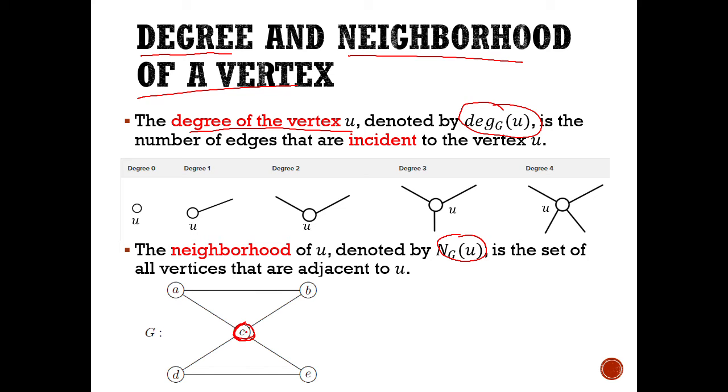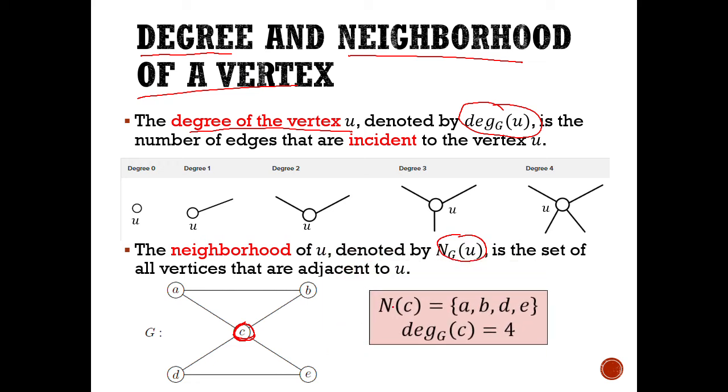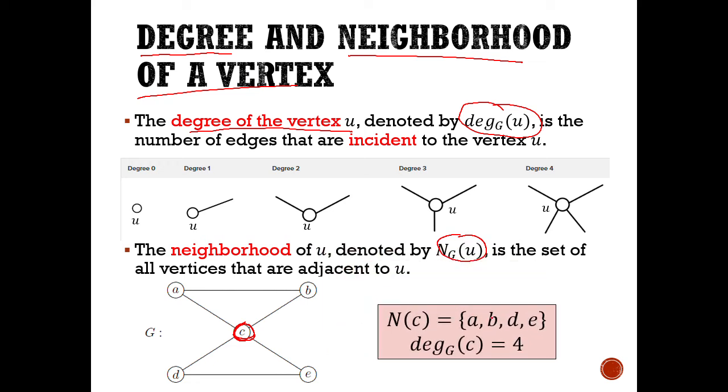Notice that C has neighbors A, B, D, and E. So we have the neighbors of C: A, B, D, E. We don't have to specify the graph. And the degree of the vertex C is 4 because it has 4 neighbors.